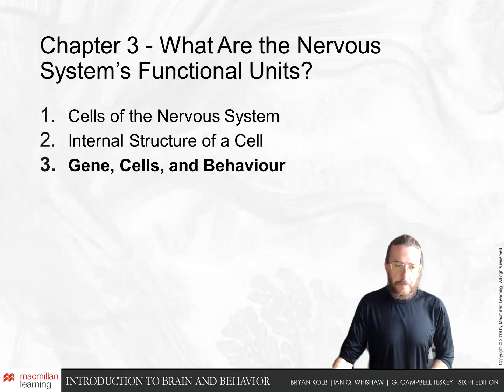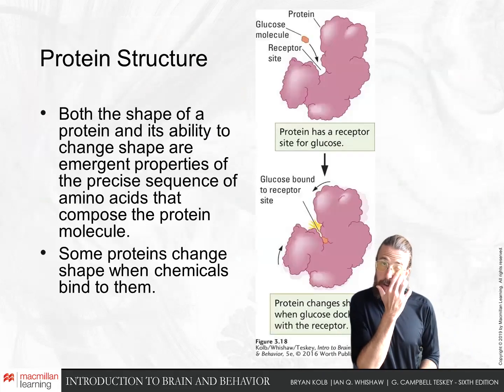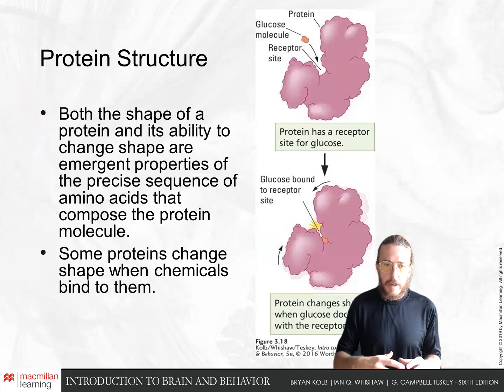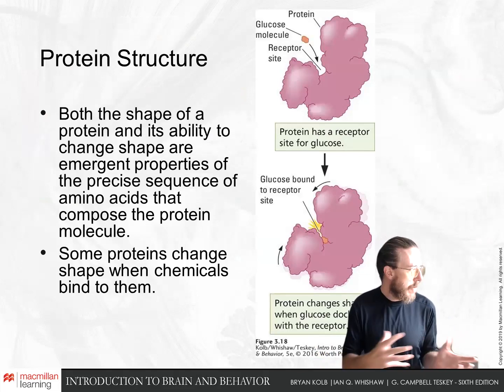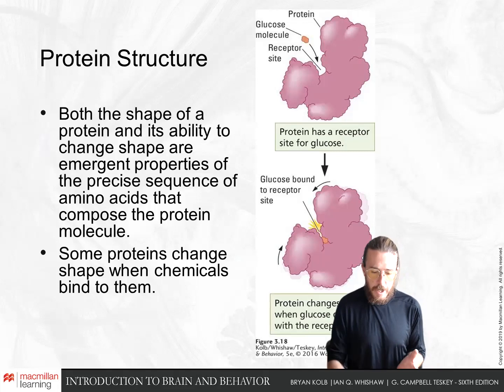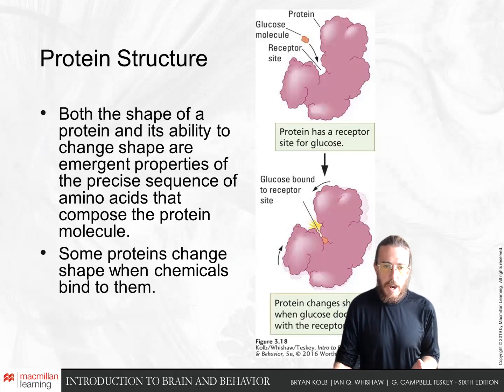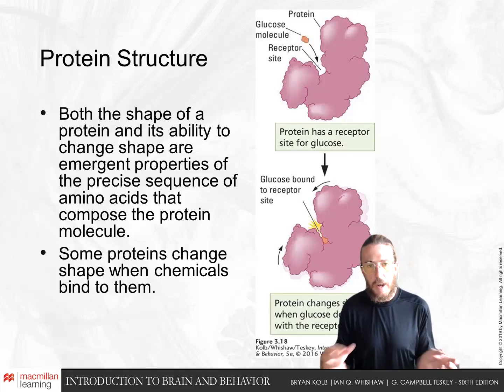Okay, so I think now we see how the internal structures of a cell give rise to proteins in the cell that support the function of the cell and support its ability to communicate to other cells. And so now we're going to look more closely at genetics and how we can use genetics and think about genetics to understand and study the brain.